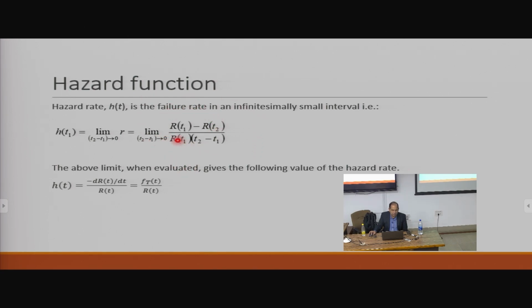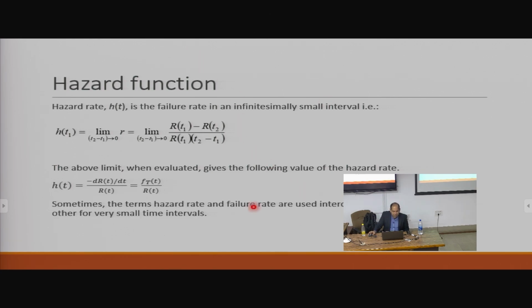If you look at the denominator, R(t) is here, and this part is just the definition of the derivative if t2 minus t1 is very small. This is a little bit cleaner to work with. And if you have the probability density function of the time to failure, you can get it directly, and if you believe it, you don't have to collect any more data.